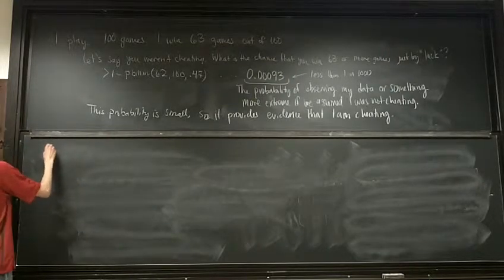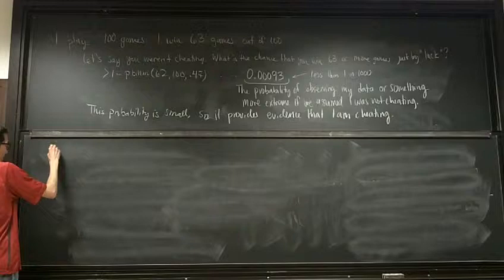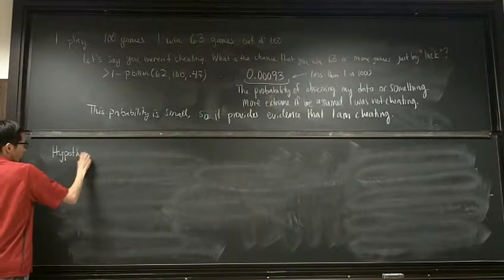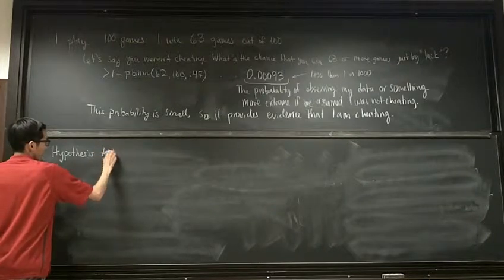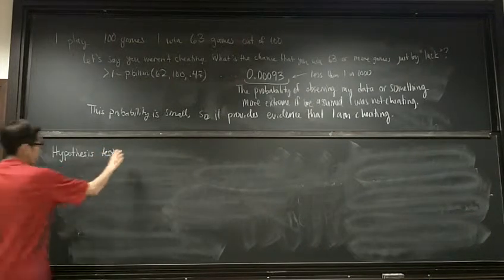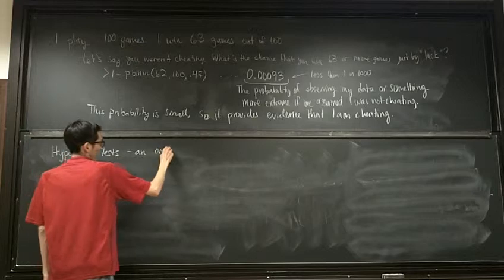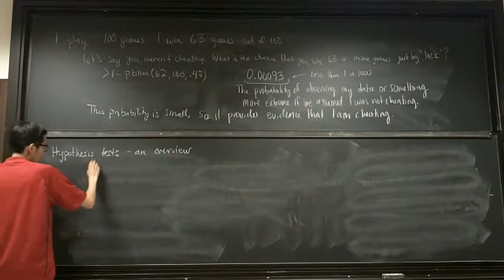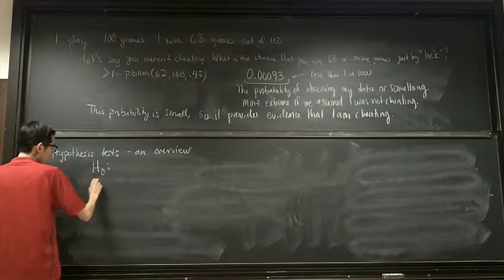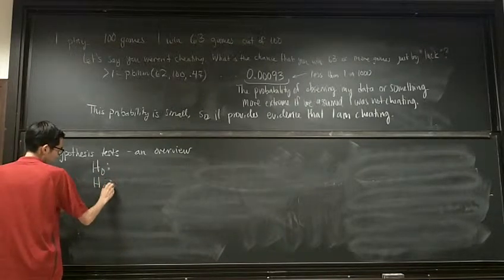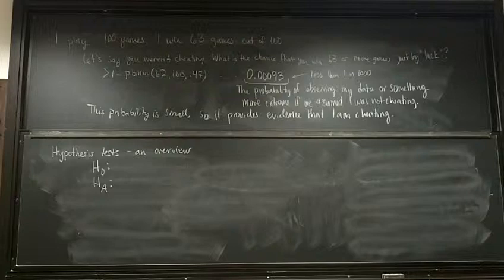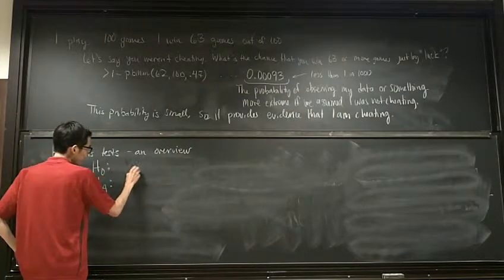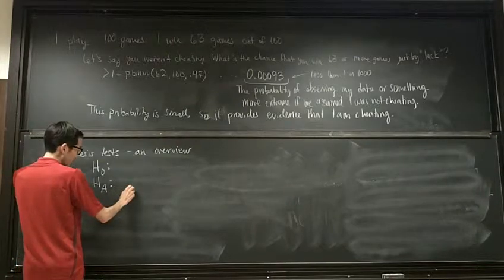Okay. So, set up, I guess, for a hypothesis test. Okay. So you create your hypotheses, your null hypothesis and your alternative hypothesis. Okay. And this is some statement, and this is another statement.